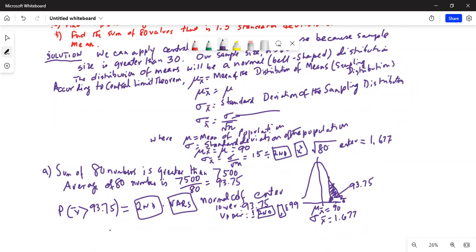My lower is 93.75. My upper is 1, then the second button, then the comma button on top of 7, which gives me the E, then 99. That means 1 followed by 99 zeros. My mu is 90, so type in 90 for the mean. And my sigma is 1.677.